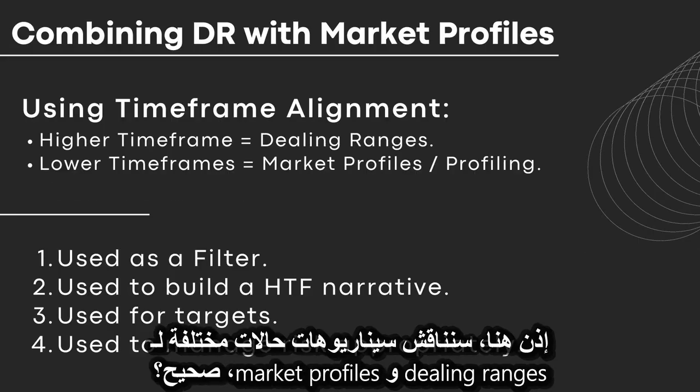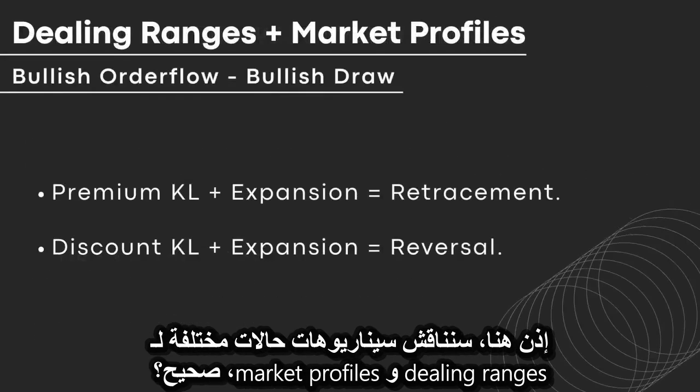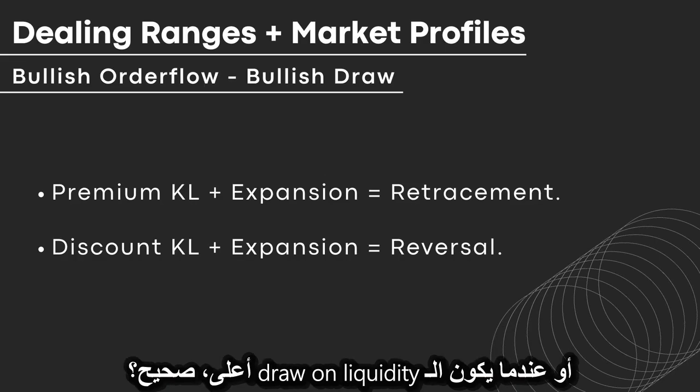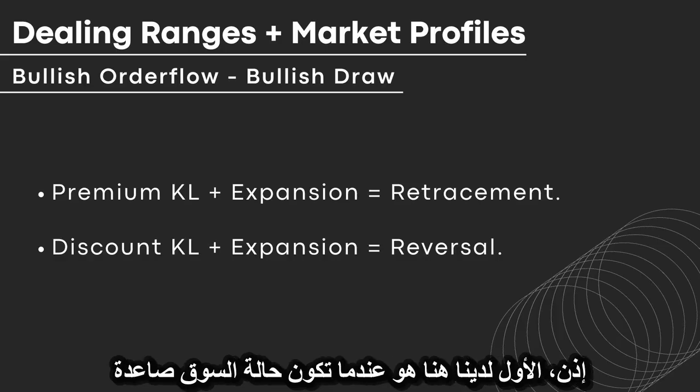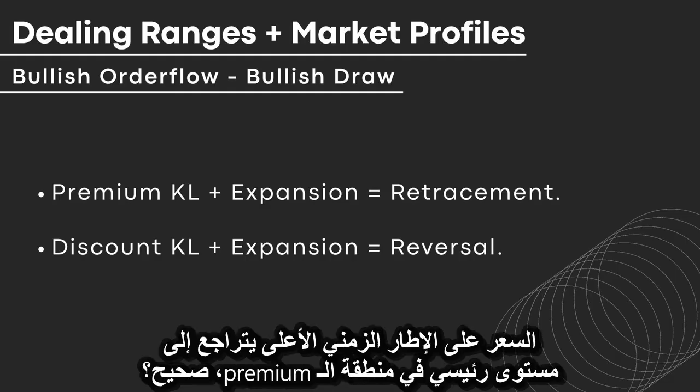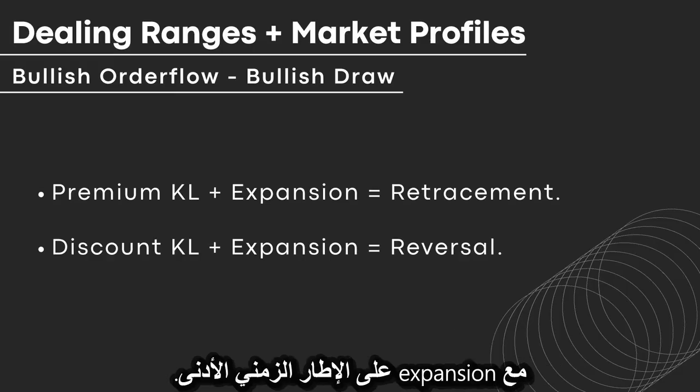So here we're going to discuss different case scenarios for dealing ranges and market profiles, right? The first one we've got here is the different scenarios for bullish order flow, bullish market conditions, or when the drawn liquidity is high, right? So first one we've got here is when the market condition is bullish and price forms a bullish dealing range, and then price on the higher time frame retraces back to a premium key level with a lower time frame expansion, right?